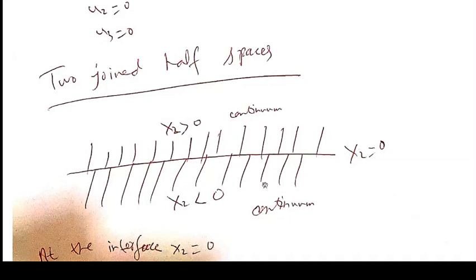For the sake of simplicity, we will consider that our continuum which occupies the half space is an isotropic continuum, because to apply the free boundary condition we have to consider the stress components, and they will come from the stress strain equation.